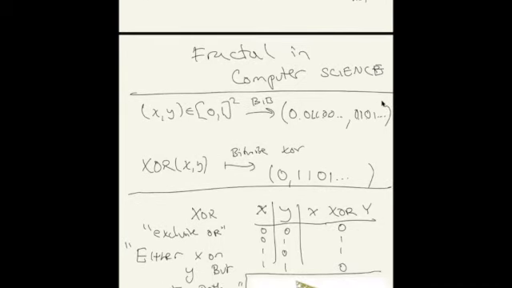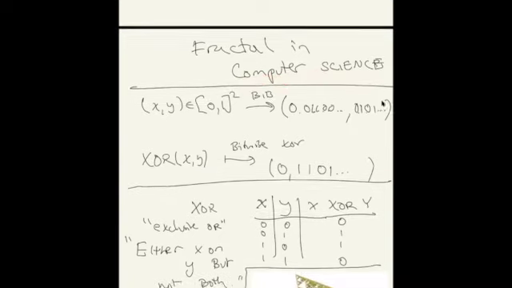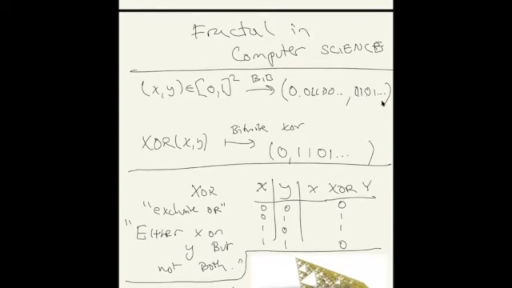Now, for those of you who are studying computer science, there is a nice fractal connected to the XOR operation. The XOR, so-called exclusive OR, and that's where the X comes from, means logically either X or Y, but not both.